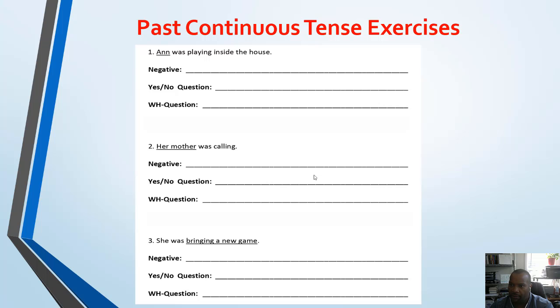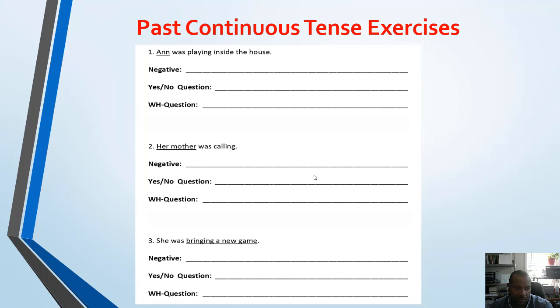Okay, so hopefully you had enough time to go through these questions, examples and exercises. So let me share what I wrote for my answers. Alright, so number 1, Anne was playing inside the house. If I'm rewriting this as a negative, I would say Anne was not playing inside the house.